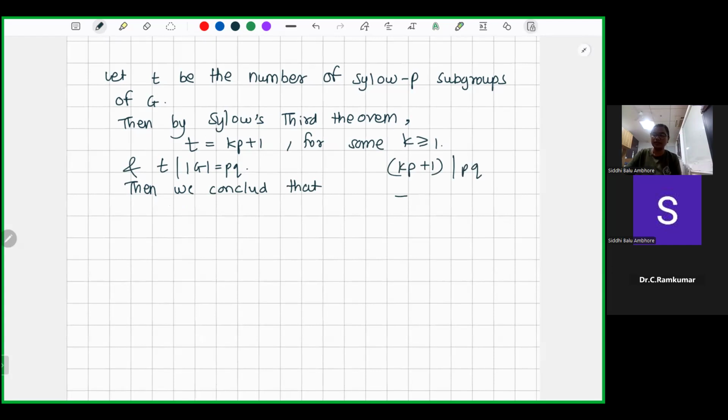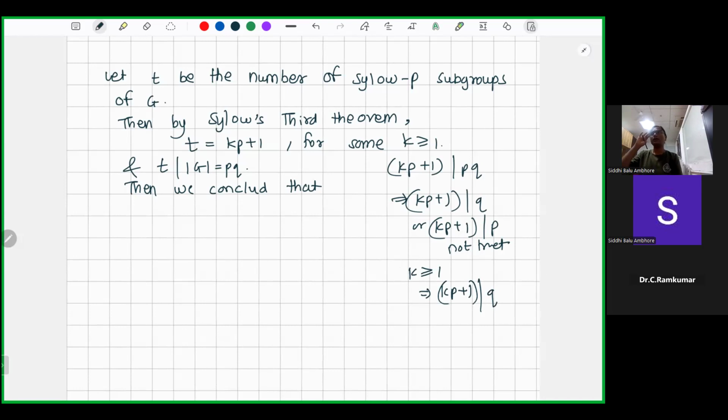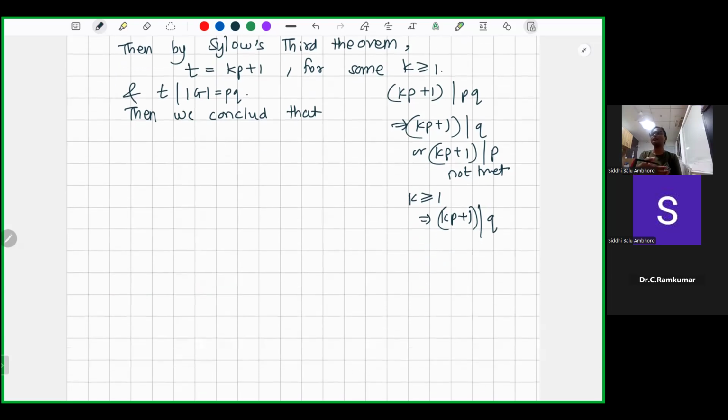But if that is the case, then Kp plus 1 will divide Q or Kp plus 1 will divide P. Kp plus 1 cannot divide P for any positive K. And Kp plus 1 dividing Q is again not possible because P is greater than Q, so Kp plus 1 will be something greater than Q. And that's why we can conclude that K is 0.